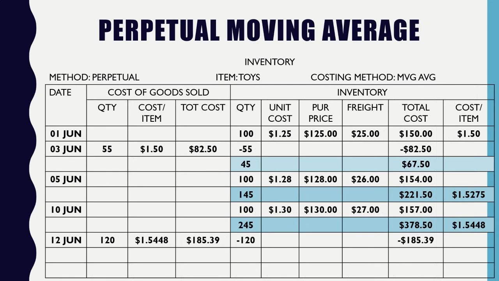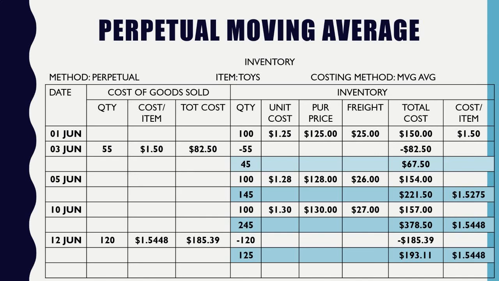Then from this, I'm going to subtract it out from my inventory to get a new total quantity and a new total cost, which becomes 125 items at a grand total of $193.11. And once again, because I'm dealing with rounding off numbers, I need to recalculate my average cost per item.